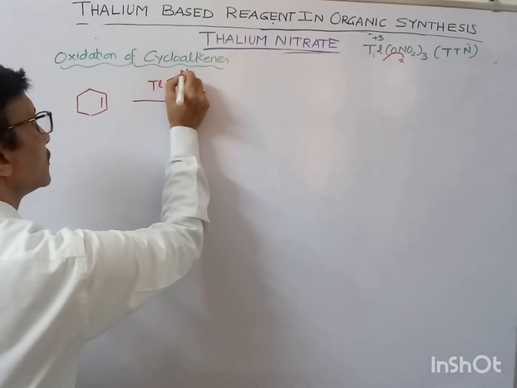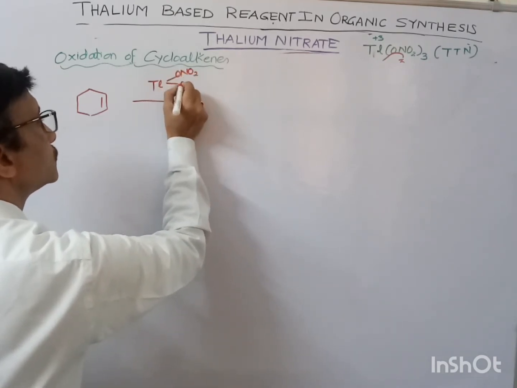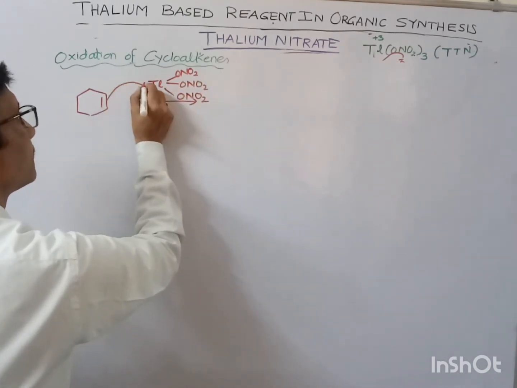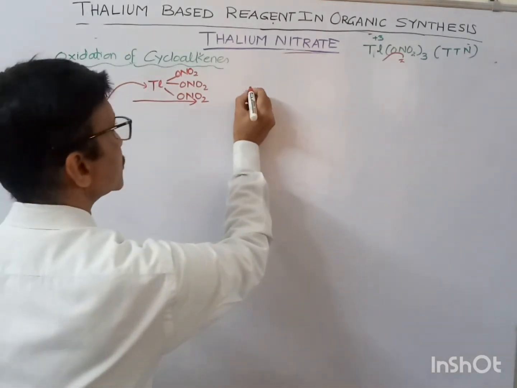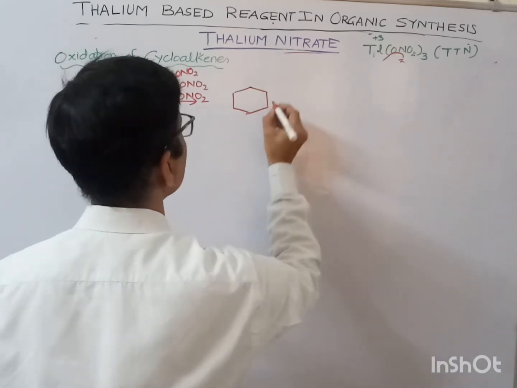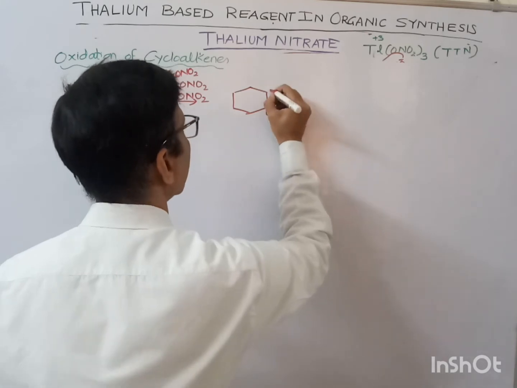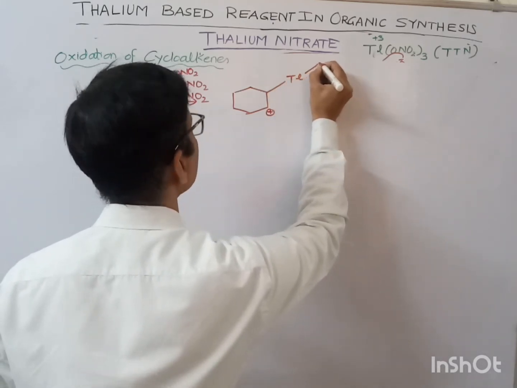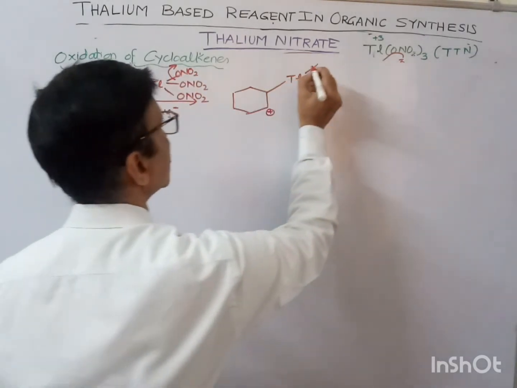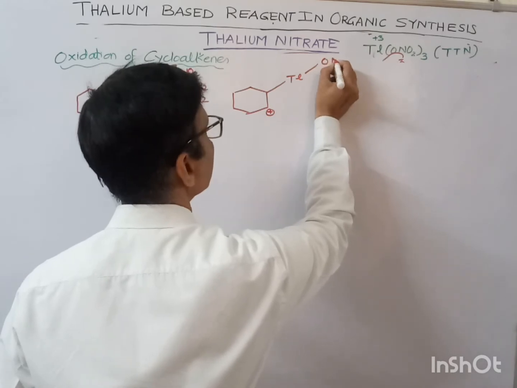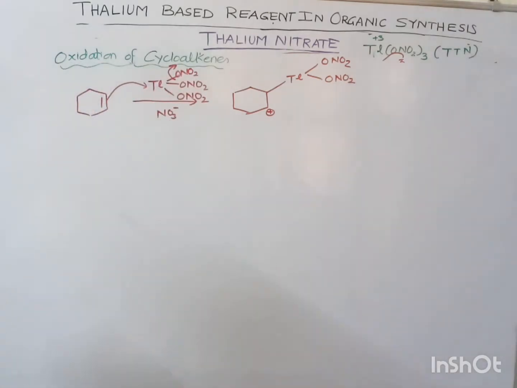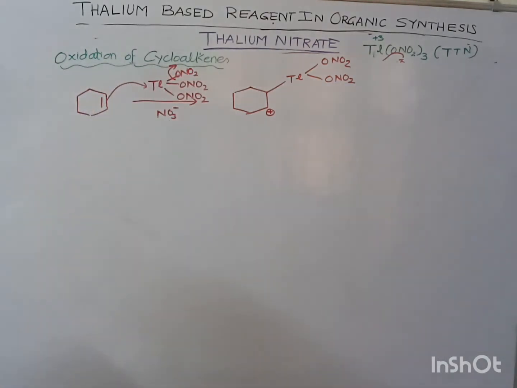Now the next step: we have a positive charge over here and this thallium, so one of the nitrate ions will leave out, and we have two nitrate ions present over here.